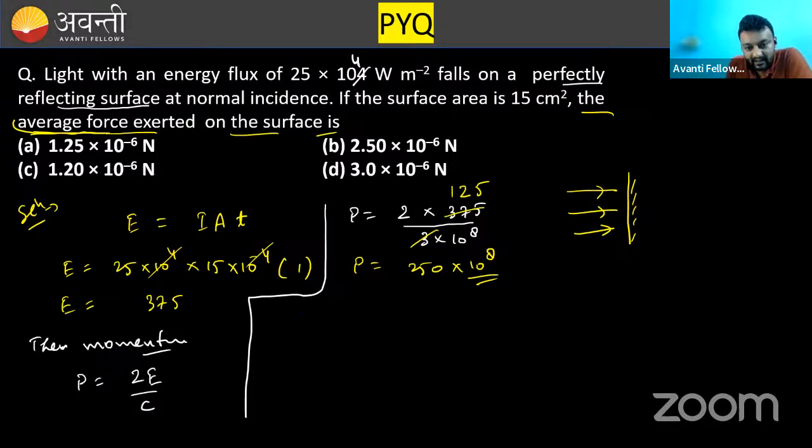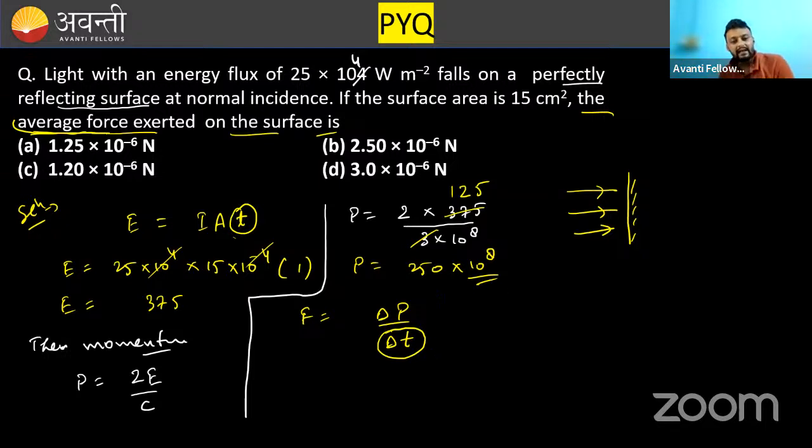Now the thing is, force is what? Delta P over delta T. Now, Chichani, listen. If I have taken time as 3 seconds in this energy term, then while calculating the average force, I have to put this delta T as 3.